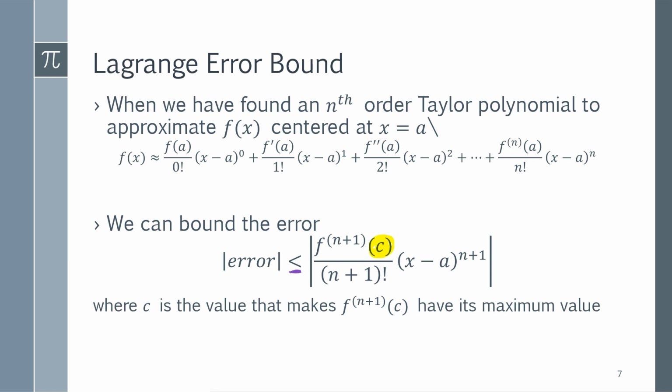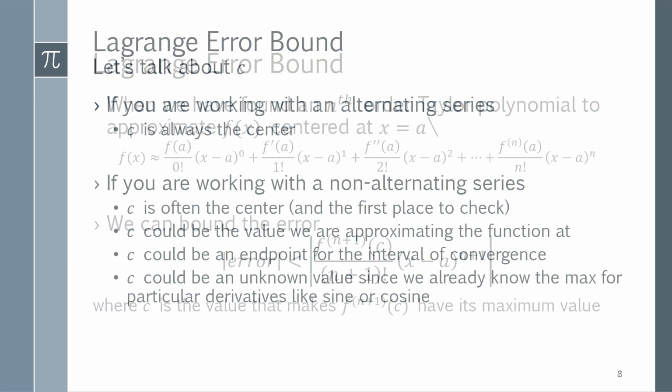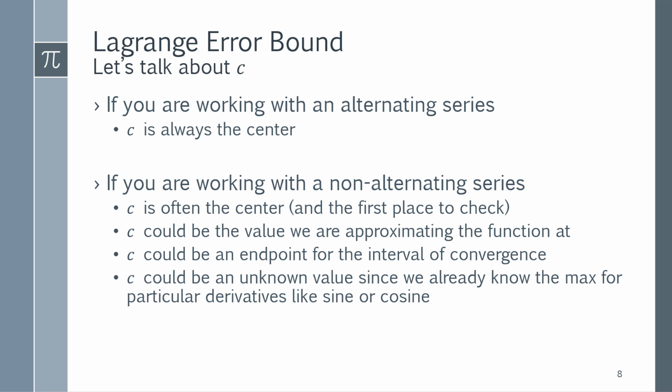So before we dive into the example here, if you're working with an alternating series, that c is always the center. And I'll be honest with you, most of the time, even if it's a non-alternating series, c will still be the center. But it's not always. So you want to check the center first, but c could be the value that we're approximating the function at.